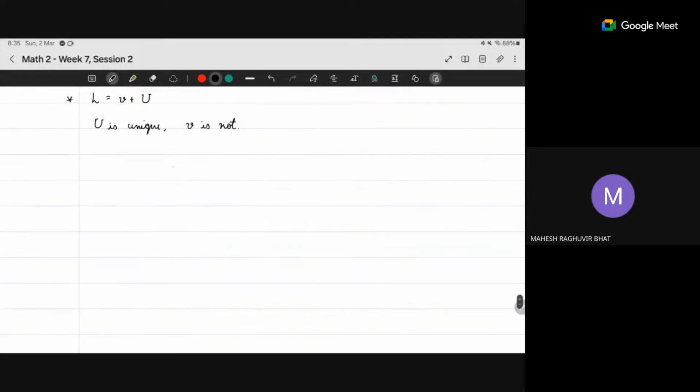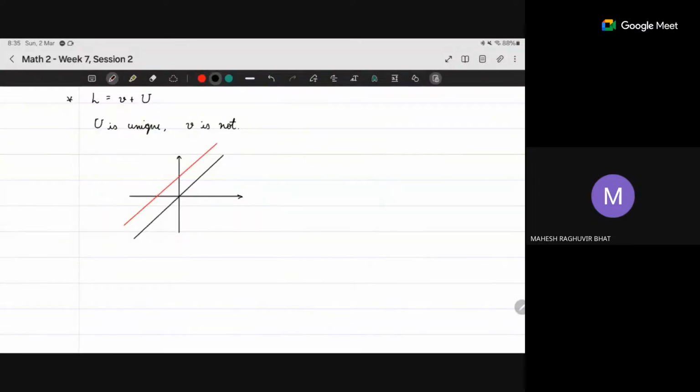Now, what do I even mean? Let us take the same example, y is equal to x plus 1, and I'll demonstrate why u is unique. I won't give you the proof of why u is unique, but I'll say that v is not unique. That I'll demonstrate using an example. We considered the line y is equal to x, and this line y is equal to x plus 1.